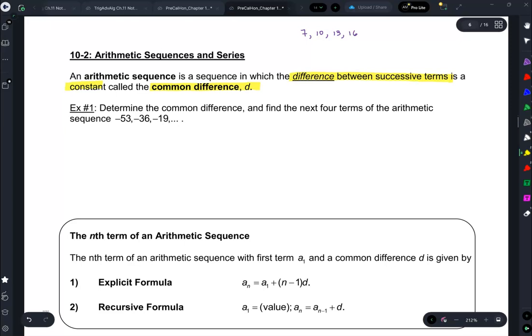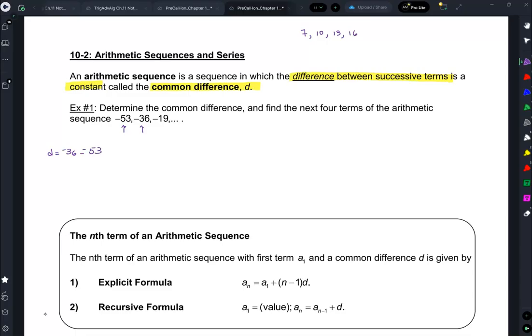Take a look at this one. Determine the common difference and find the next 4 terms of this arithmetic sequence. What you always want to do, the order here matters a lot: to find D, you take the second term minus the first term. Do you see how the order will matter in the sign?